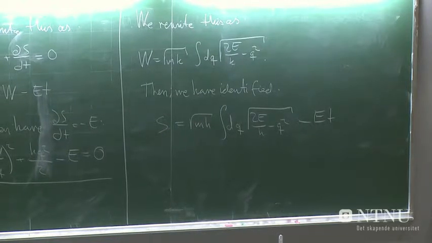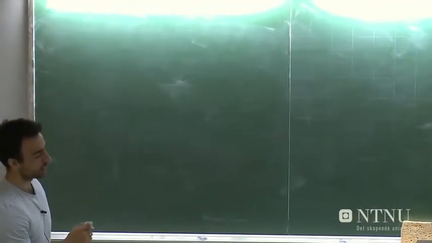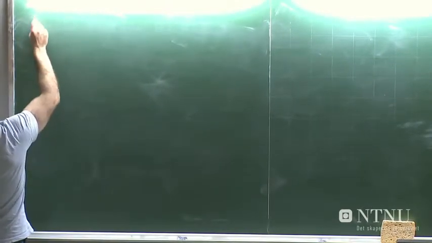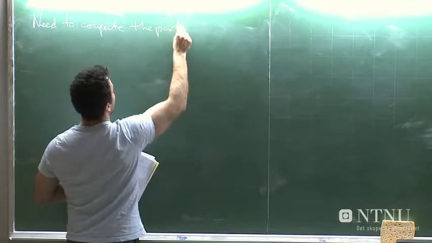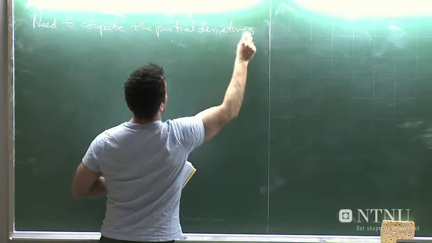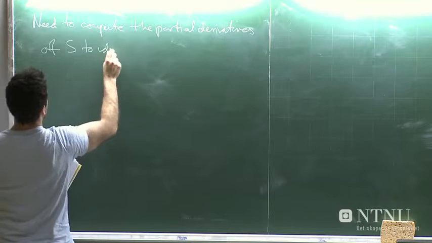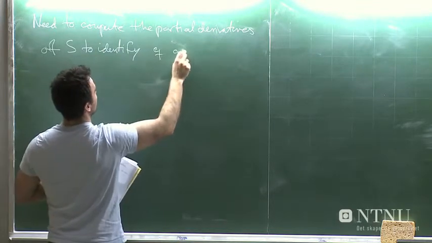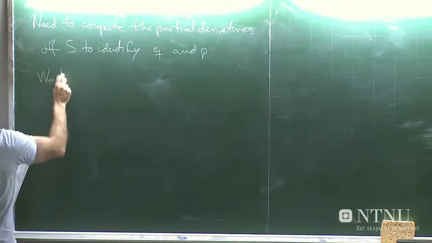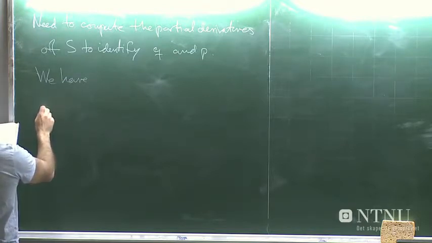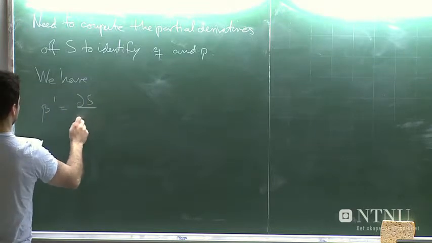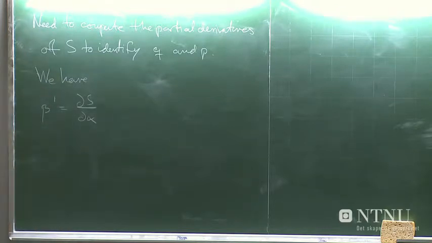Now the next step is to start computing the partial derivatives of S in order to identify Q and P. So we have, for instance, this relation, and I've attached a prime here because I'm later going to absorb a constant into this term, just to simplify notation.